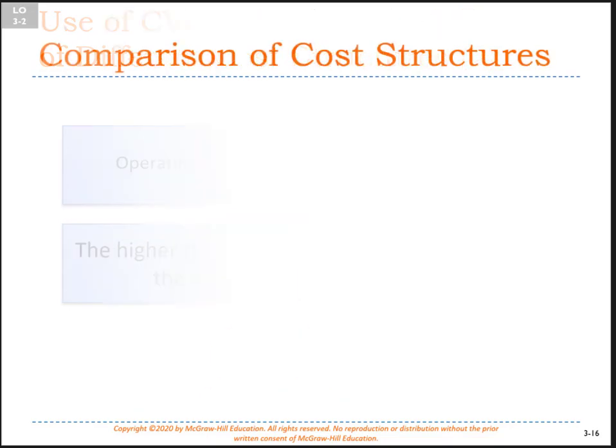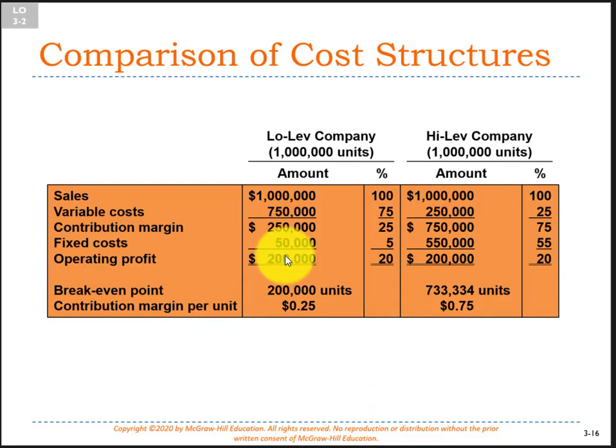So an example: low level, okay, don't have a lot of fixed costs, right? 50,000. So their break-even point is 200,000 units. Their contribution margin per unit is pretty low, because they have lots of variable costs.